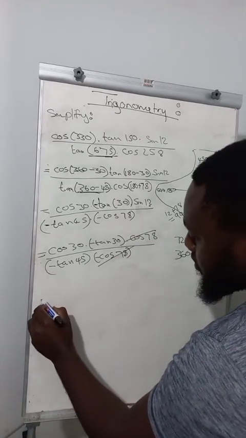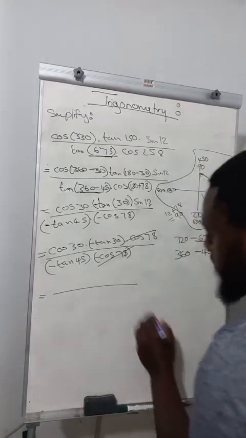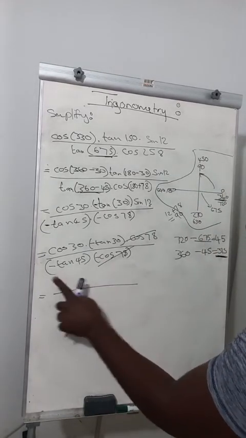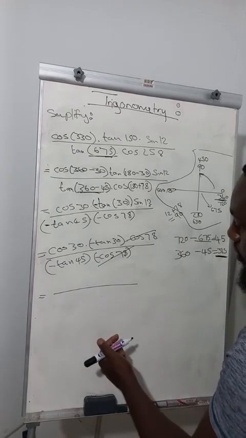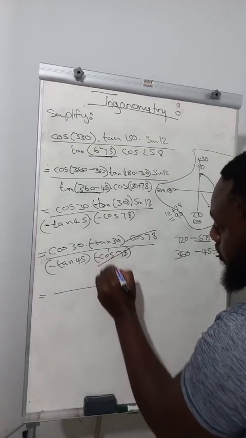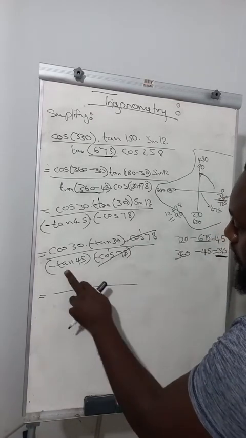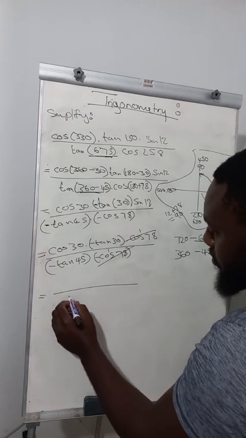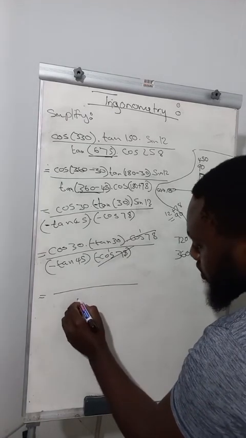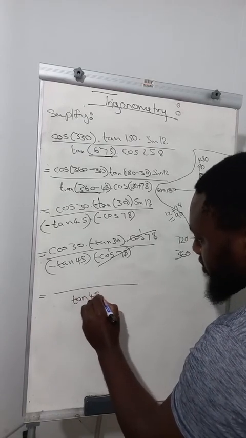Then it means you'll be left with, let me start with the denominator. This negative multiplied by negative will just give you a positive. Because what is left here is just a 1 here and a 1 here. So this negative 1 multiplied by this will give you a positive value. So now it will just give you a tan 45. I'm trying not to skip steps.